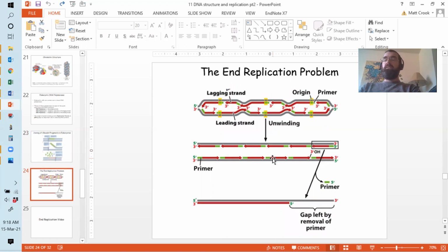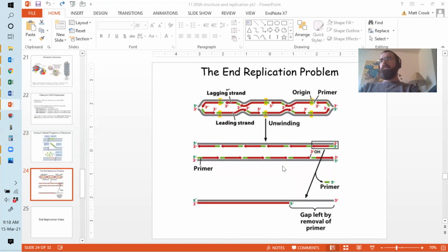And this is illustrated quite neatly here. If this was one whole chromosome, and this is just blown up down here for illustration's sake, every time you copy this chromosome, it will get shorter by the length of that primer. And that happens over and over and over again.